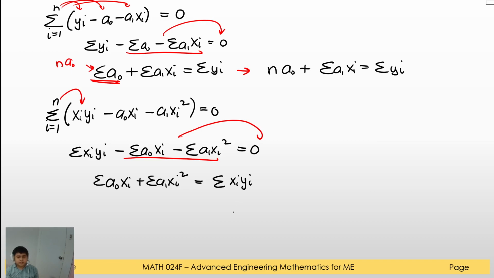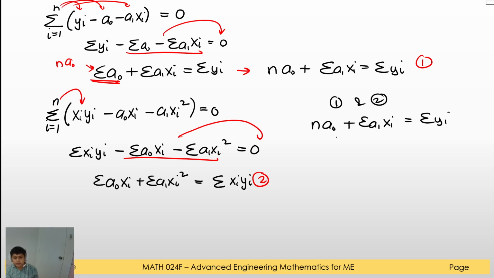That's it. So if we have these two equations, equation 1 and equation 2, we can set this up: n a naught plus the summation of a1 xi is equal to the summation of yi, and the second equation is the summation of a naught xi plus the summation of a1 xi squared is equal to the summation of xi yi.